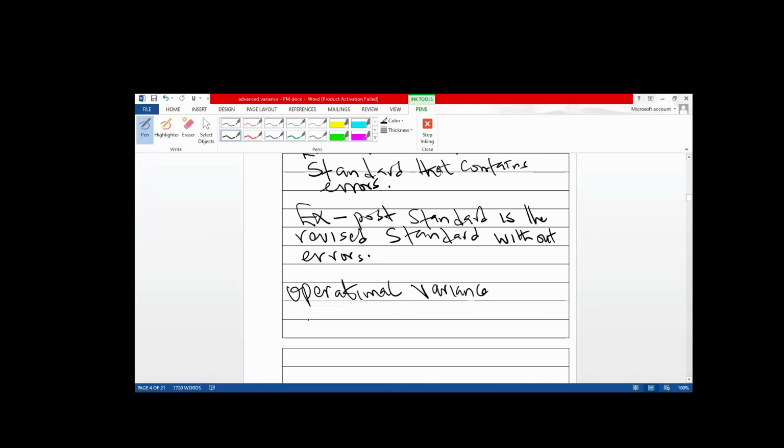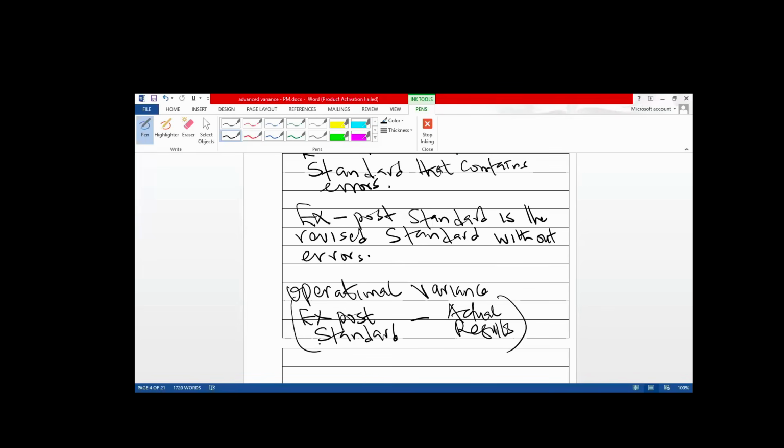Operational variance is the difference between ex post standard minus actual results. In this case, you are using a standard without error, a revised standard without error, to compare against your actual results.